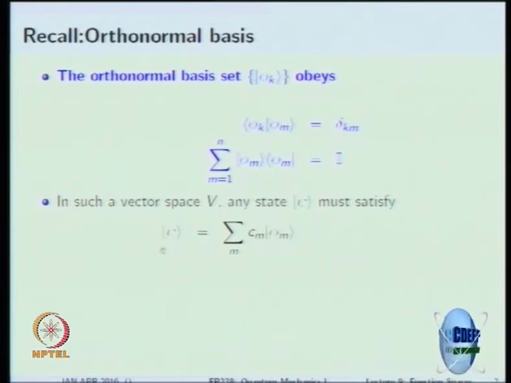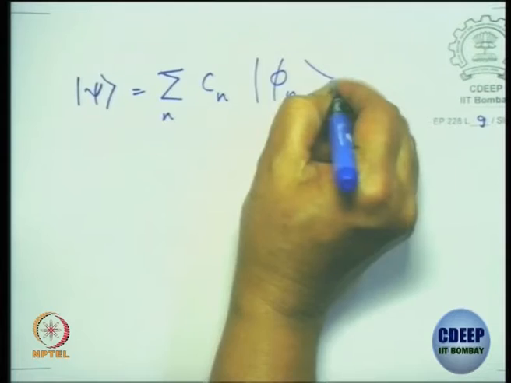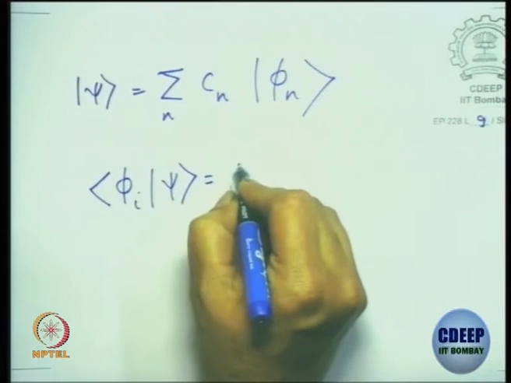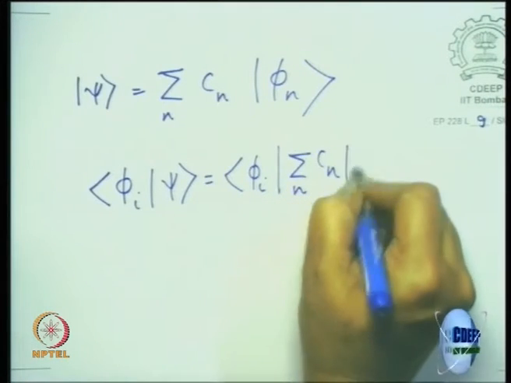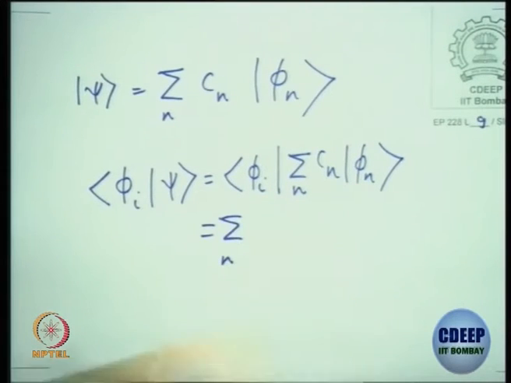So suppose I take an inner product with phi I, and Cm is a constant. So if I write psi to be summation over n Cn phi n, if I take the inner product of phi I with psi, it is phi I with summation over n Cn phi n, and I can pull out the summation over n outside and take Cn out also, that's the property of these linear vector spaces.